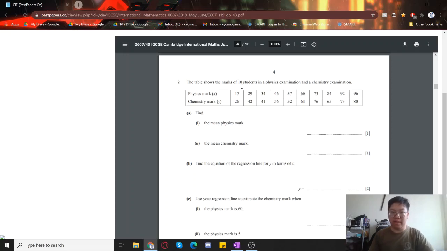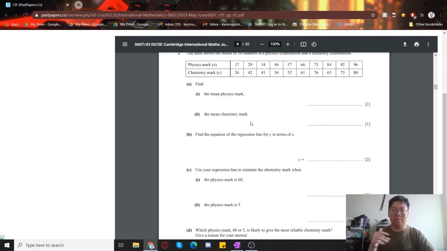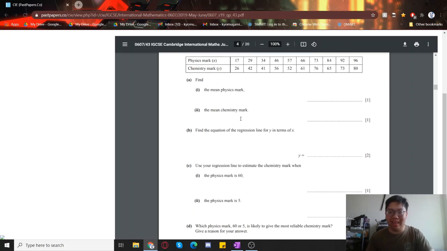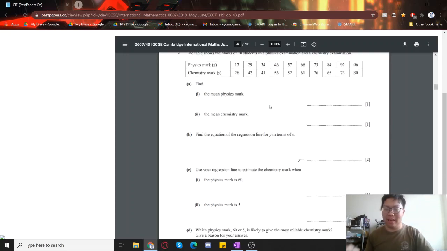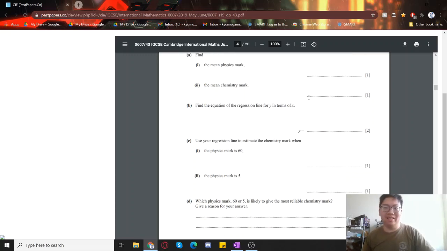I'm just doing it on my calculator because I'm not bothered to add them all up by myself. Similarly for the chemistry mark, you would do the same if you didn't have a calculator. I remember I brought no calculator to one of my tests, and I still scored pretty high. But you really shouldn't be doing that.